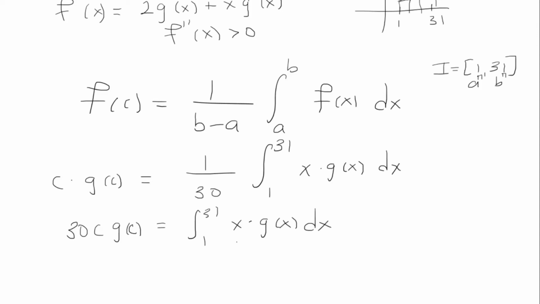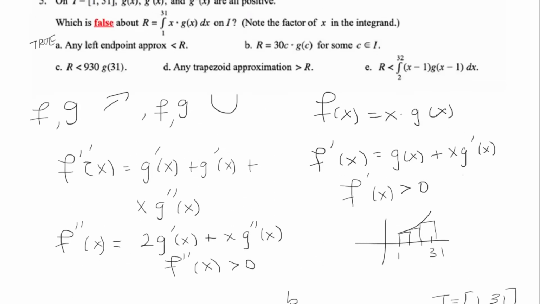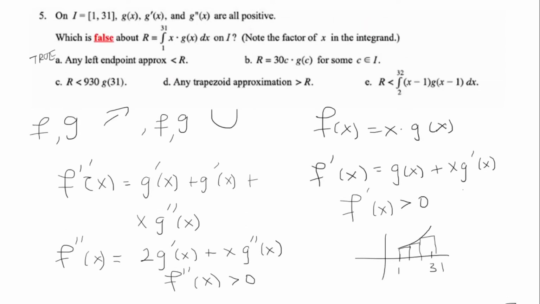And actually, this was defined to be r, this whole integral. So r is then 30c times g of c. And if we go up, that's exactly what B is. So B is true.